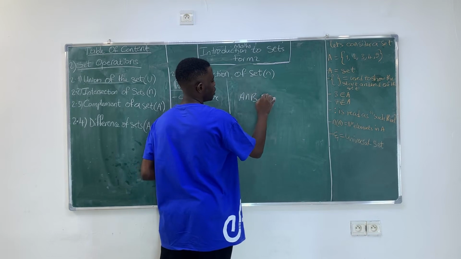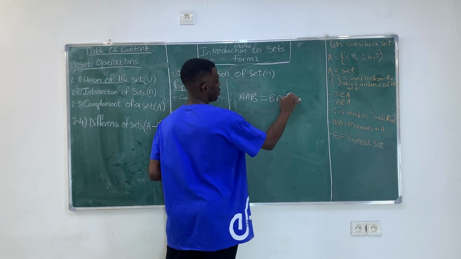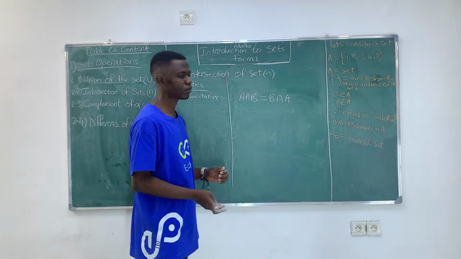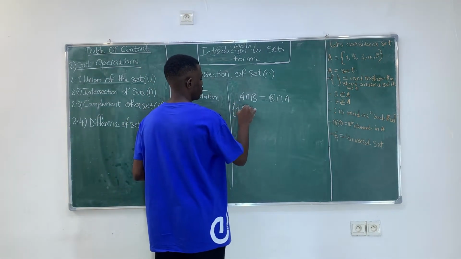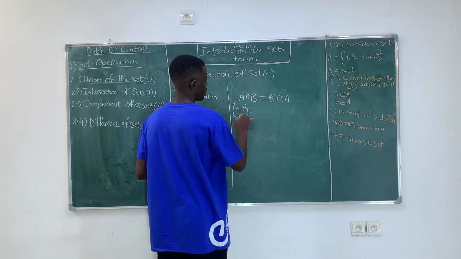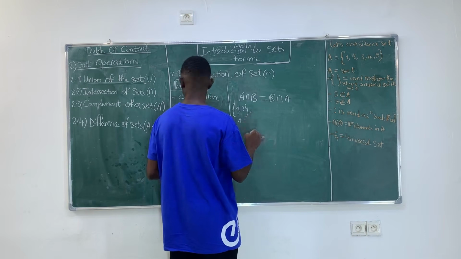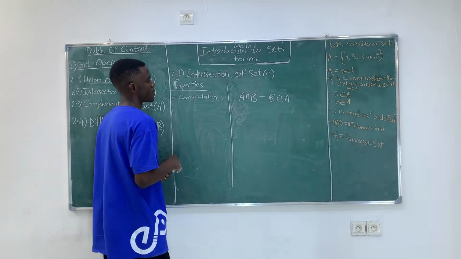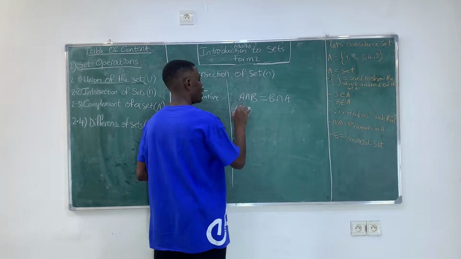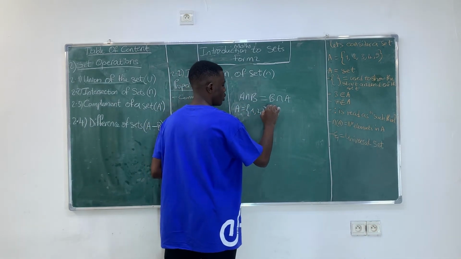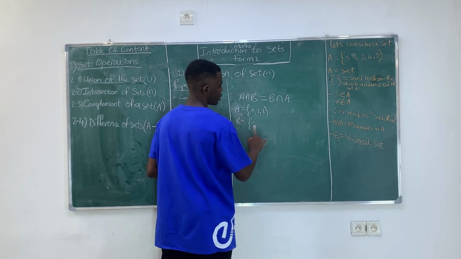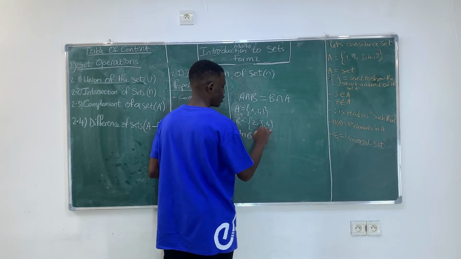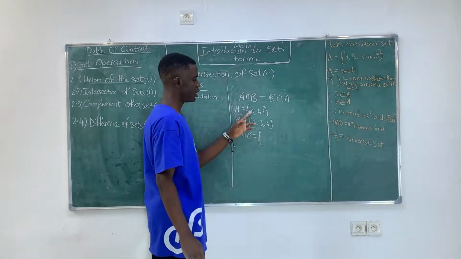A intersection B is equal to B intersection A. So for instance, if we have A as 1, 2, 3 and B as 2, 3, 4.